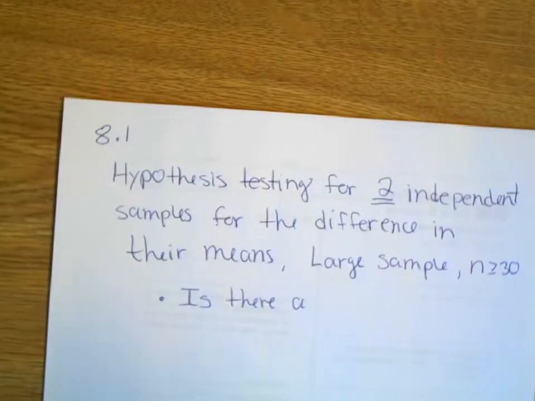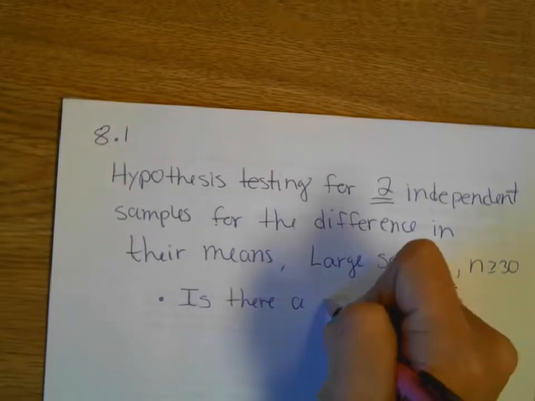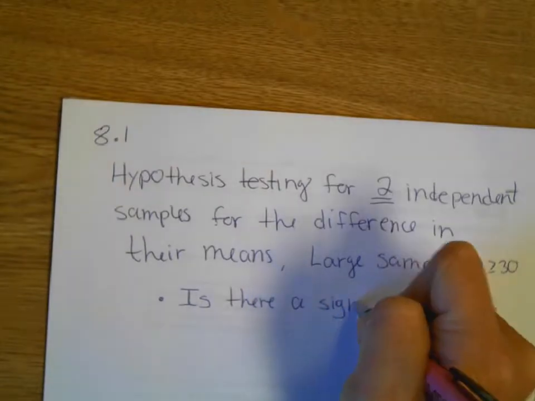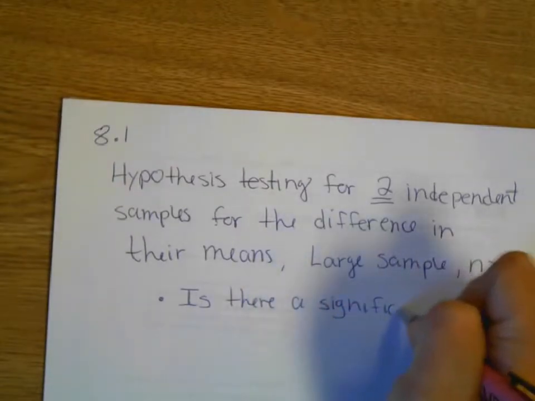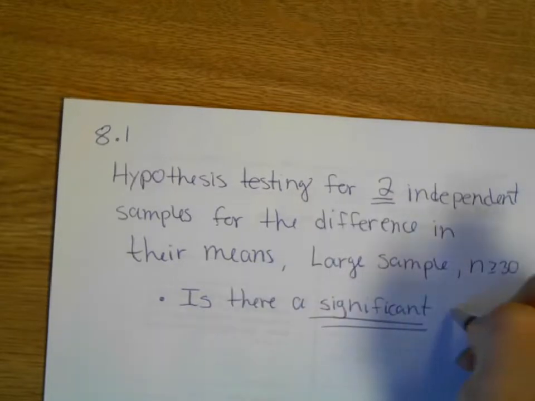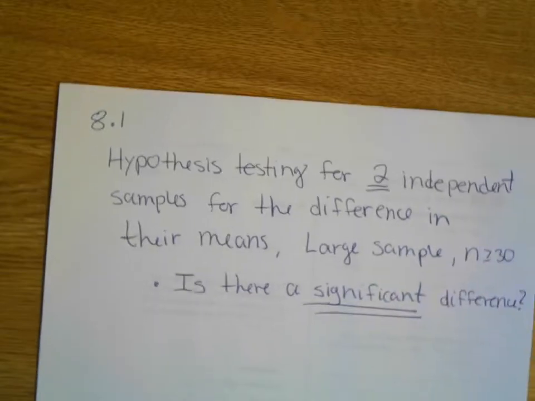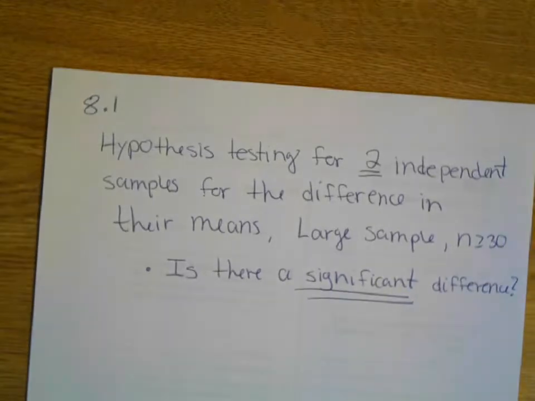Because yes, every sample, every population is going to be slightly different from each other, but is that difference significant enough to put one out in the tail of the other one? Is there a significant difference? So, it's a 5-step process.